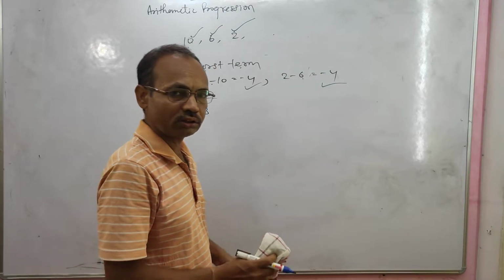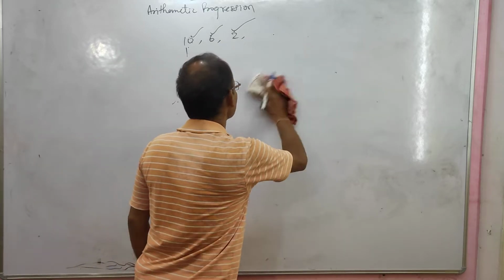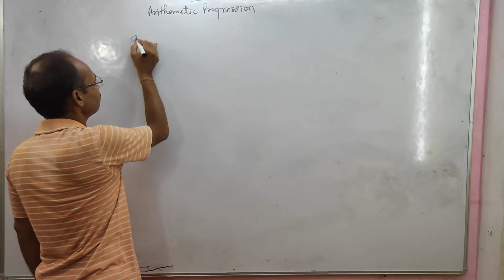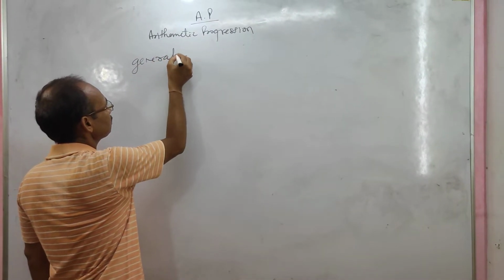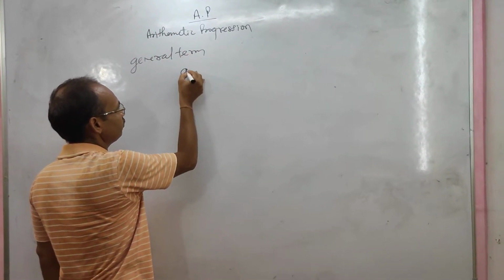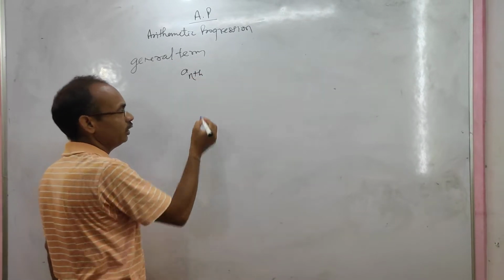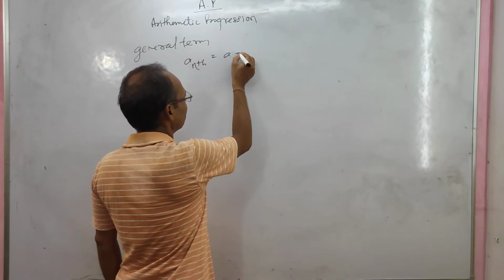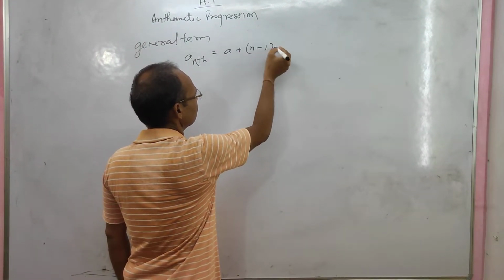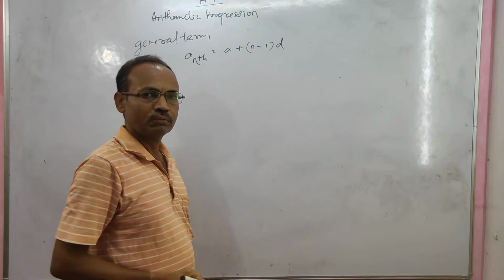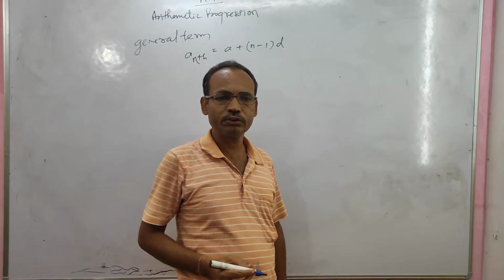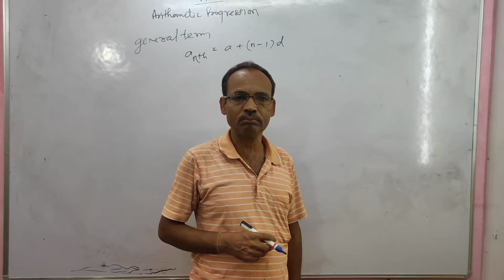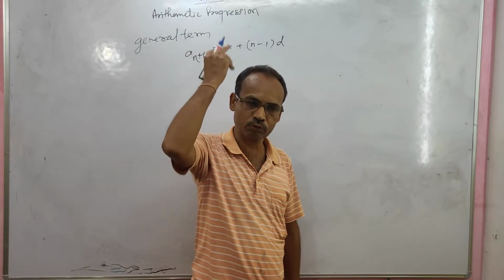What is the general term? The general term is the main point in AP. If you want the value of the nth term, then use this formula: a plus n minus 1 d. Applying this formula, you can get any term: 9th term, 7th term, 10th term, 100th term and so on.